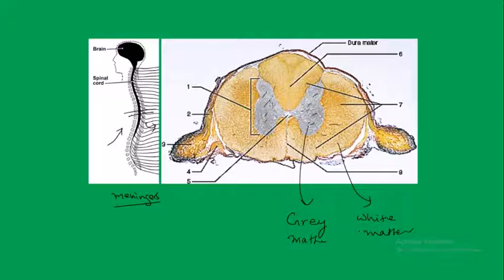It is made up of the axons of the neurons that are present in the spinal cord. So the gray matter consists of the cell bodies and dendrites, whereas the white matter consists of the axons of the neurons. Now what are the functions of the spinal cord?